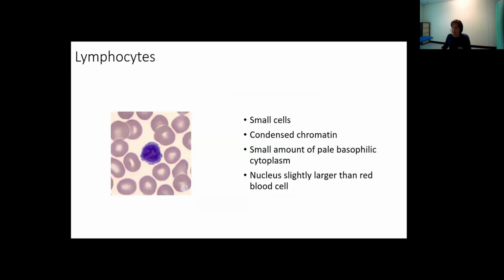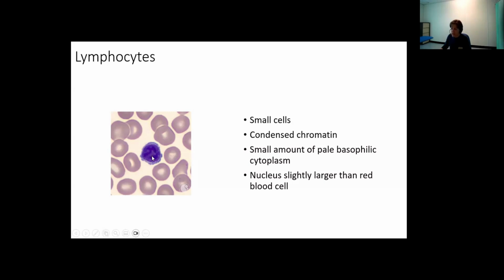So to start with the lymphocytes, these are the smallest of the white cells. And if you remember when we looked back, if you're trying to decide on a blood film whether a red cell is large or small, if you don't have an MCV or the full blood count isn't working, then you look at the nucleus of the lymphocyte, and it is about the same size as a red cell.